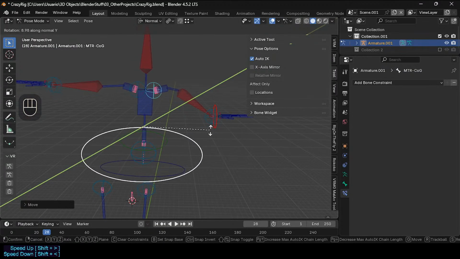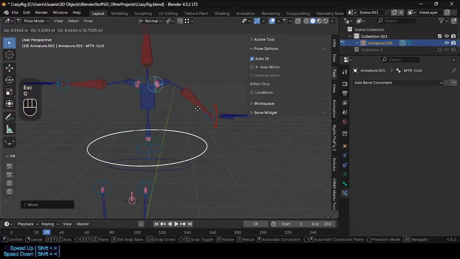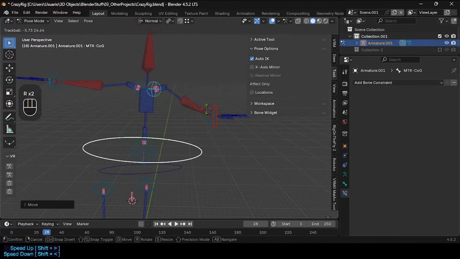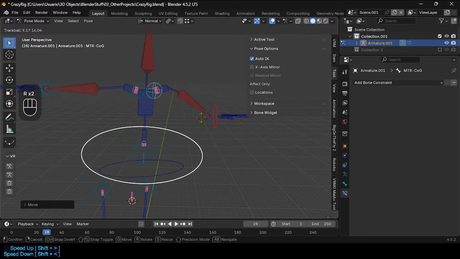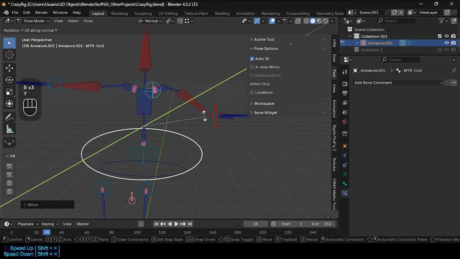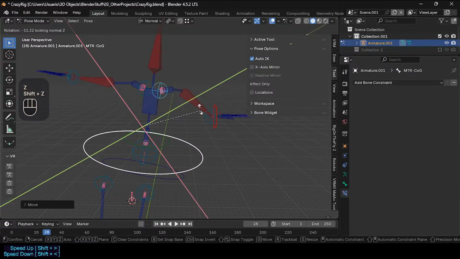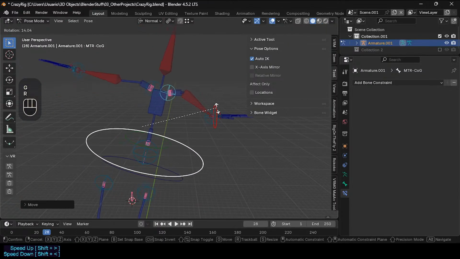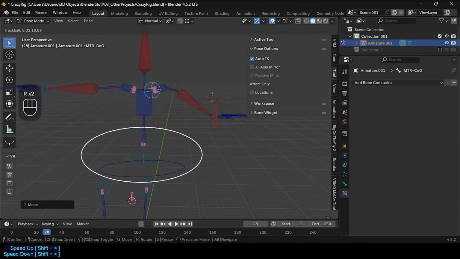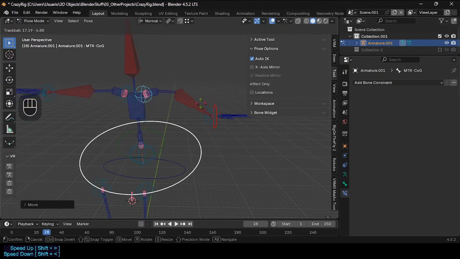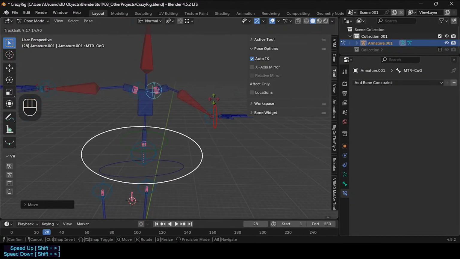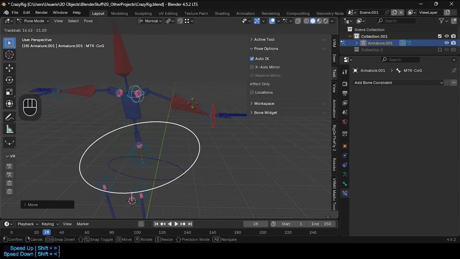So if I grab and then rotate, I can rotate again for trackball, and then again for X and Z, Y on Shift X, those things. So I can bring the rotation alongside the grabbing, which enables the Auto IK. This is totally crazy.